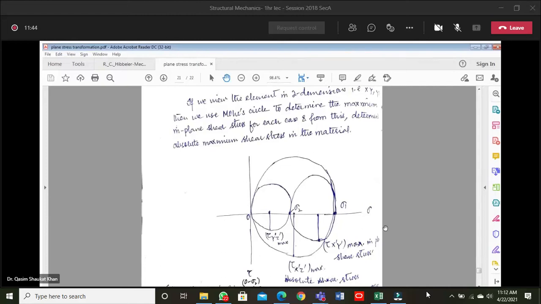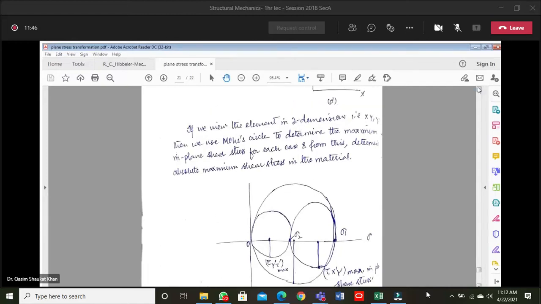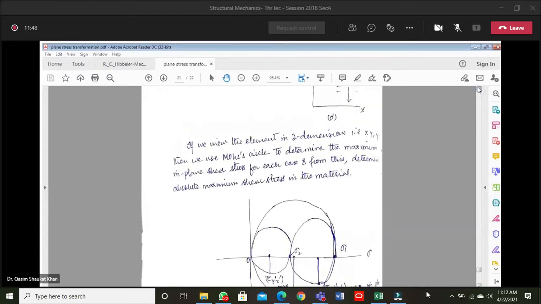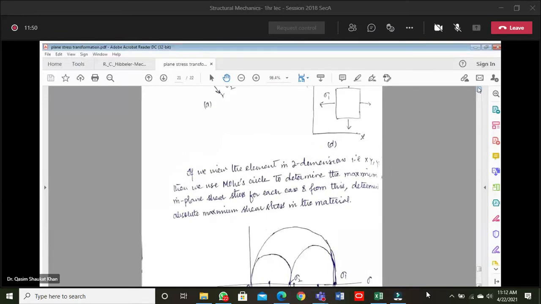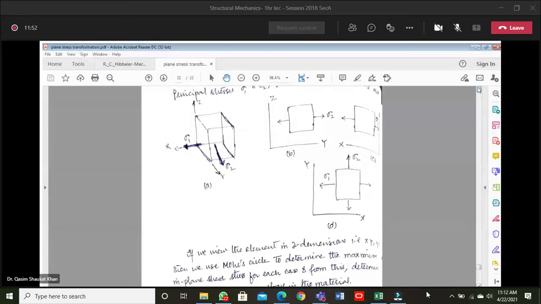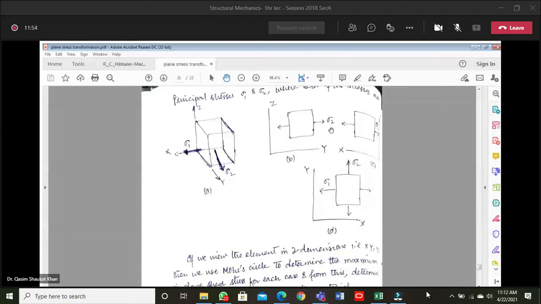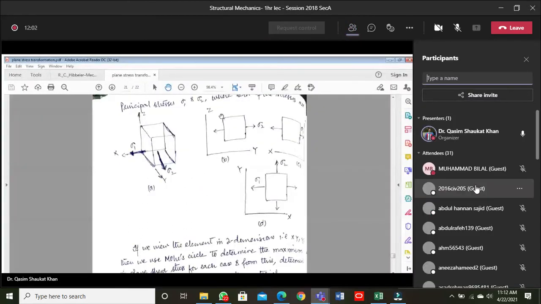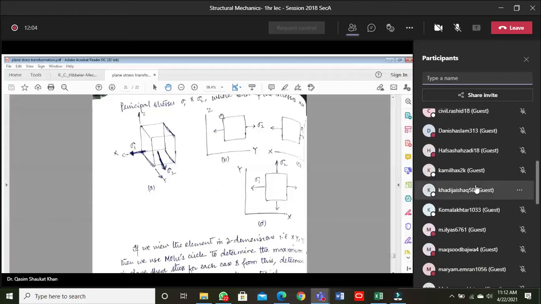Let's start with this case. Case B, where you have the YZ plane, there is sigma 2 acting along the y-axis. So it means there is a normal stress sigma 2 and stress about the z-axis is 0.